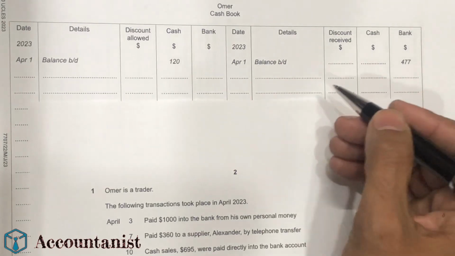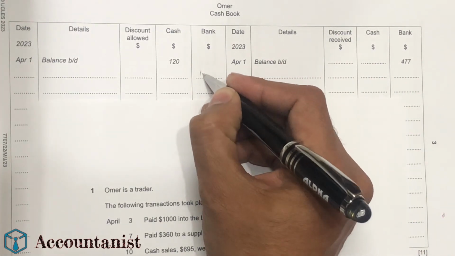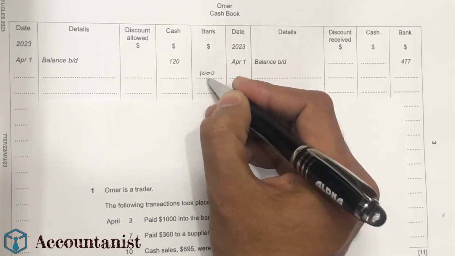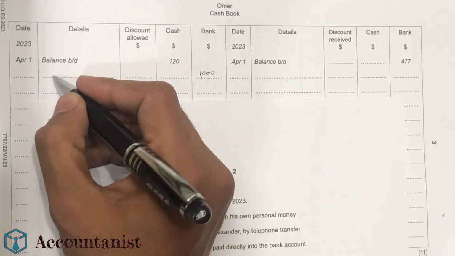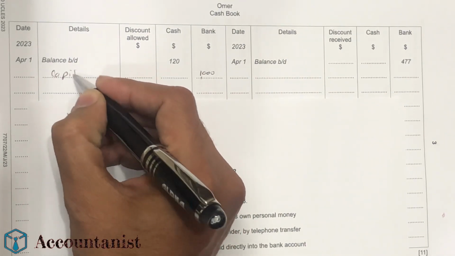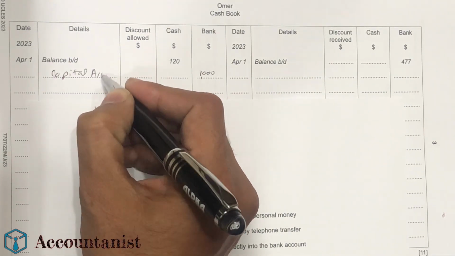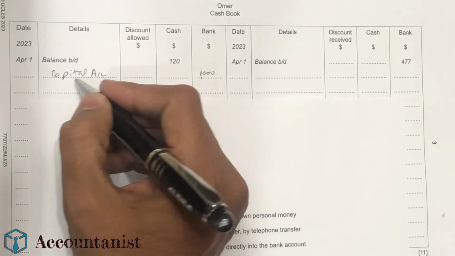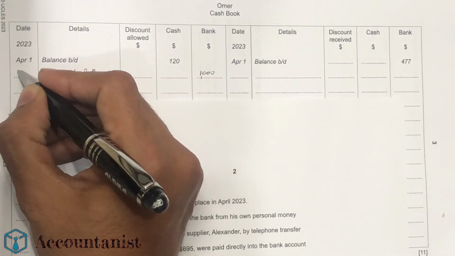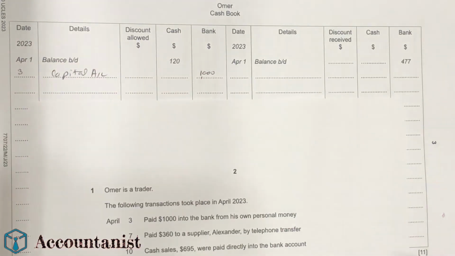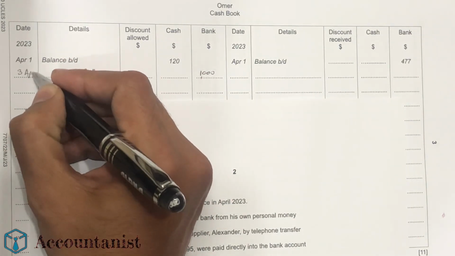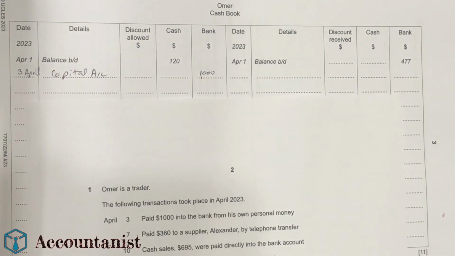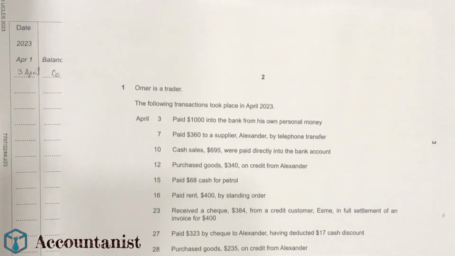The amount is 1000, because of the capital, because it's an investment from the owner, and the date is 3rd April. That's the first entry in this cash book.